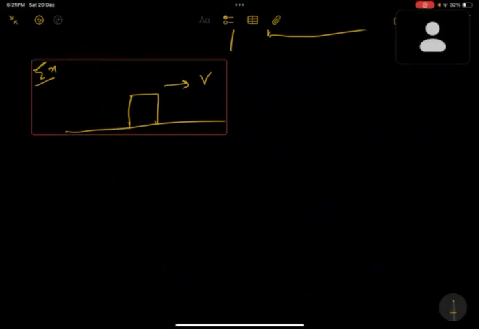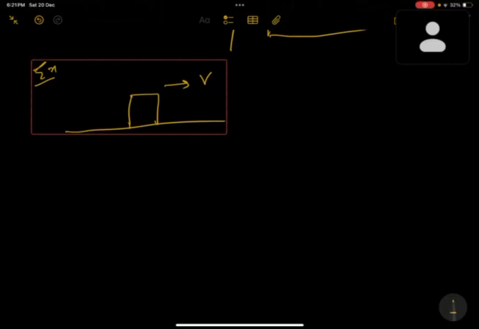So tell me, another example: if there is a block which is moving in this direction with constant velocity v, what will be the net force on this object? Can you tell me?